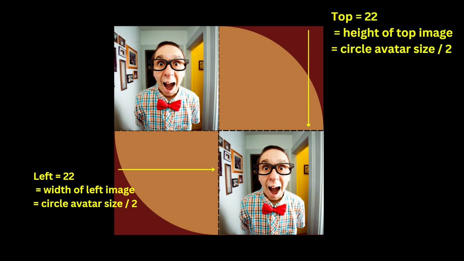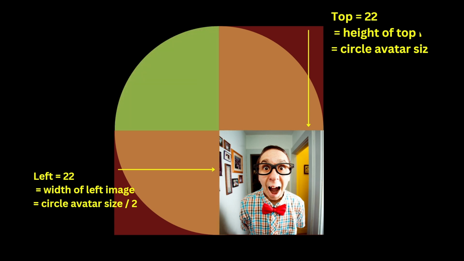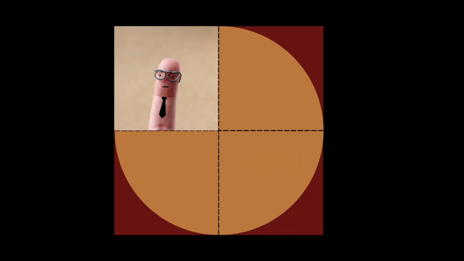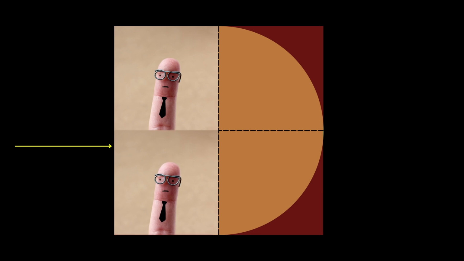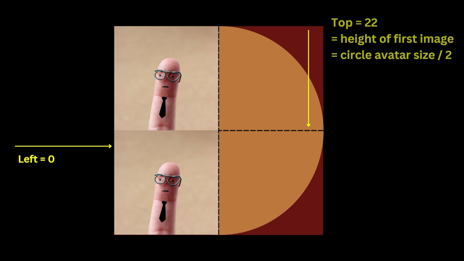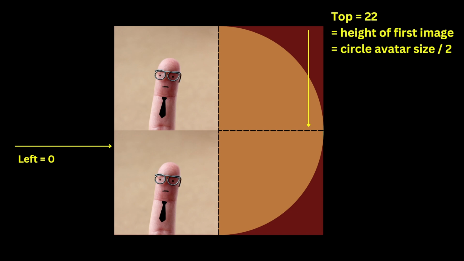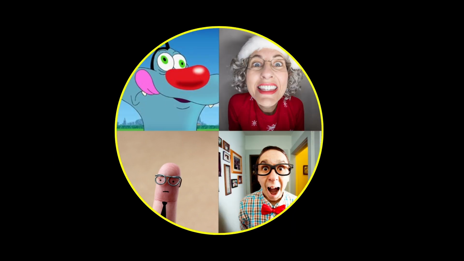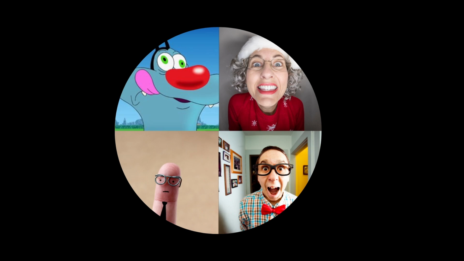Similarly for the top, it's 22, equal to the height of the top image, or you can say half of the circle. Let's set the fourth image in the fourth quadrant of the circle, and its position from the left side is 0. From the top, its position is equal to the height of the first image, or half of its outer circle size. So now you have a circle image for 4 users.